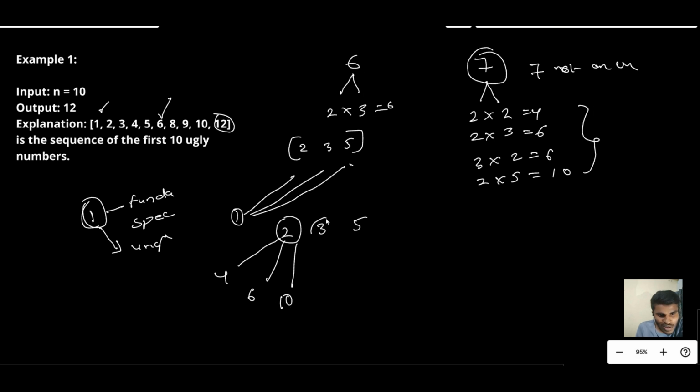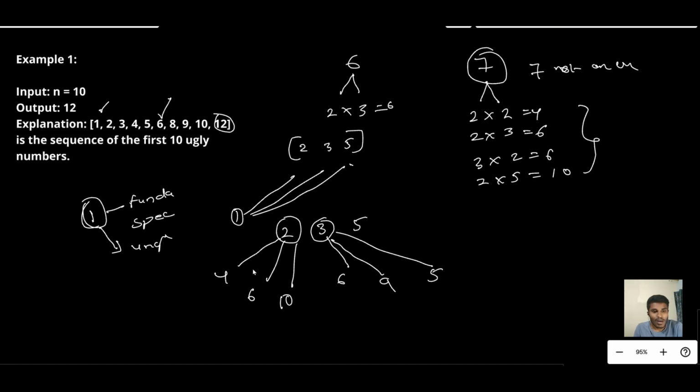The smallest is 3. Now I multiply with 2, 3, and 5 and generate our next ugly numbers: 3 twos are 6, 3 threes are 9, and 3 fives are 15. Next I will choose the smallest number from all of these and generate our next numbers.